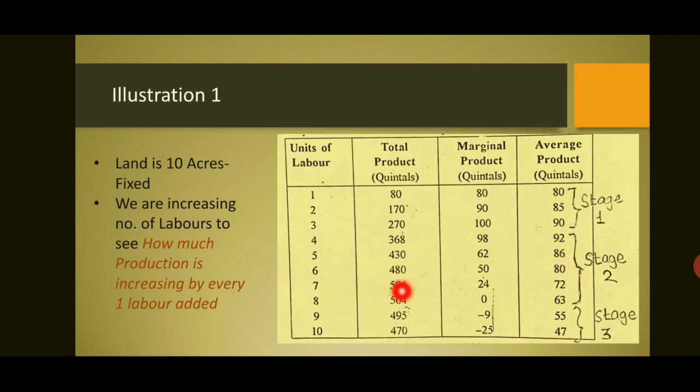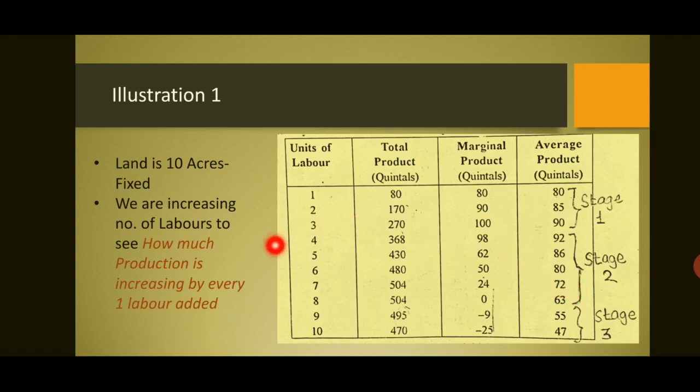Then we have added one more labor, and we got a production of 504 quintals, and divided by 7, that is 72 quintals per labor. Then we have added one more labor, and we got only 504 quintals divided by 8 is 63.